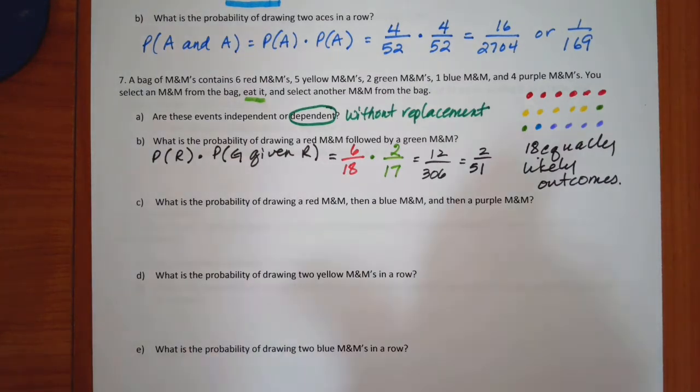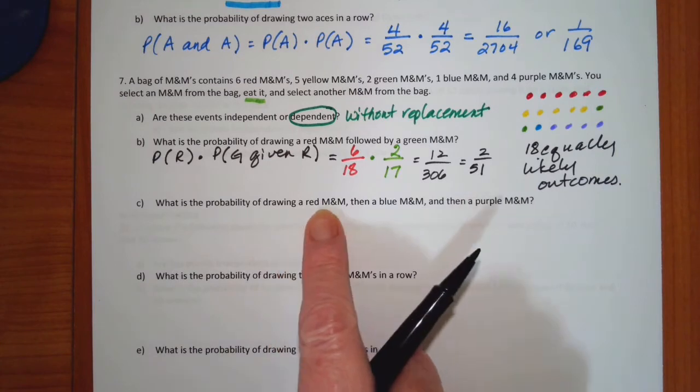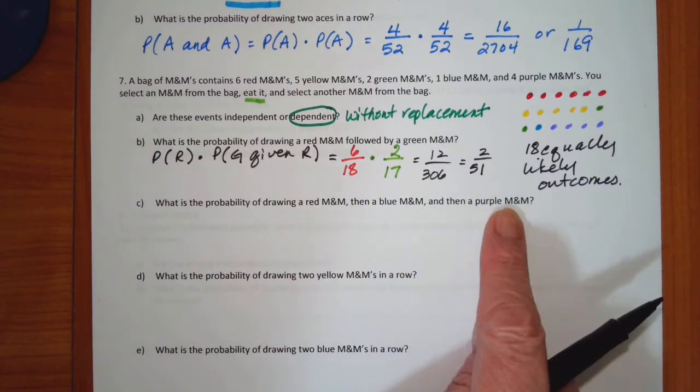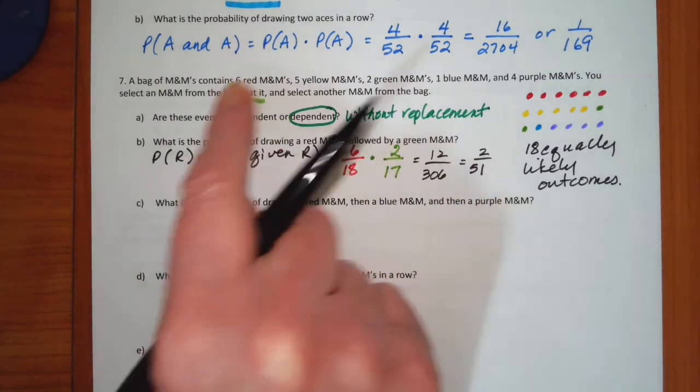Okay. All right, so what is the probability of drawing a red, then a blue, and then we get a purple one? And remember, we're eating these.